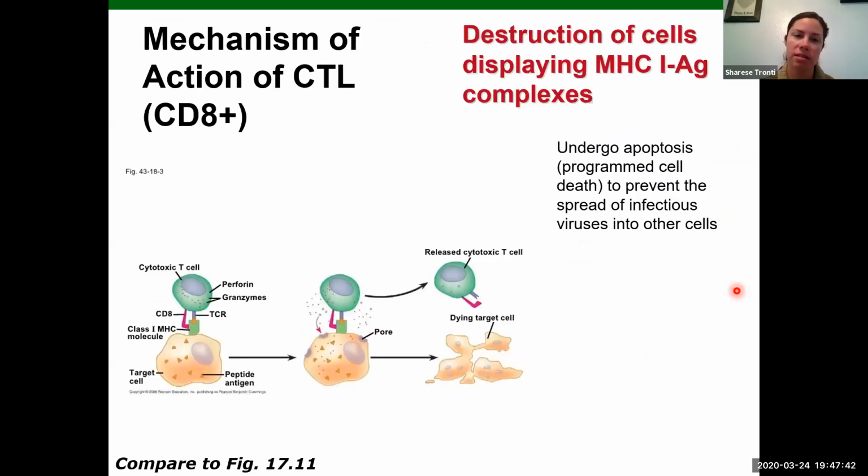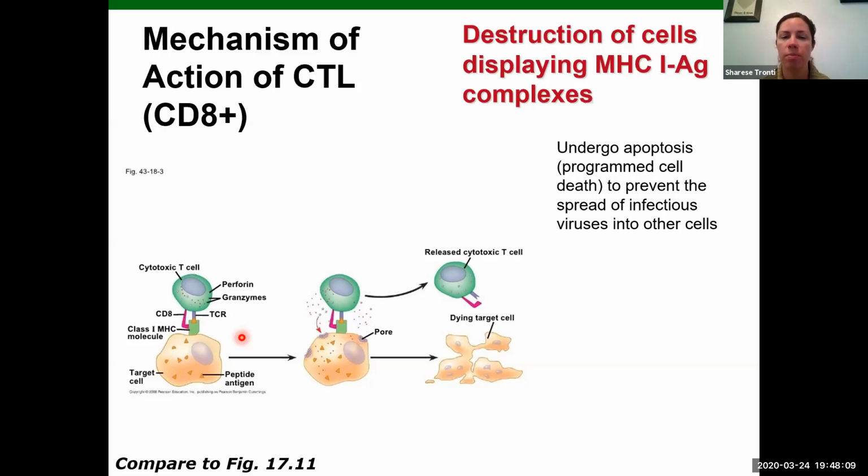Now, CD8 cells, or cytotoxic T cells, they are already activated in the same way. And once they're activated, they are going to recognize that the MHC class I molecule has antigen. Once it binds to that, then it will kill the cell by releasing perforin and granzymes.